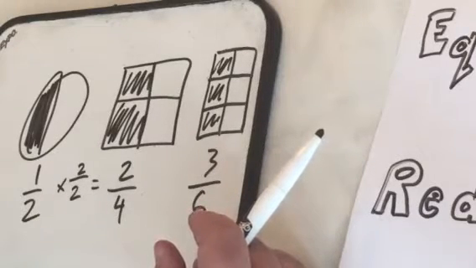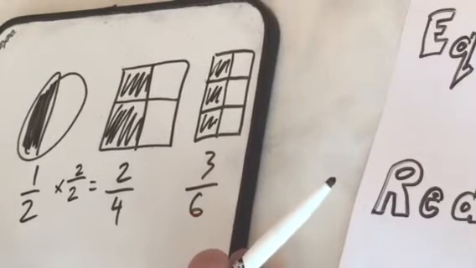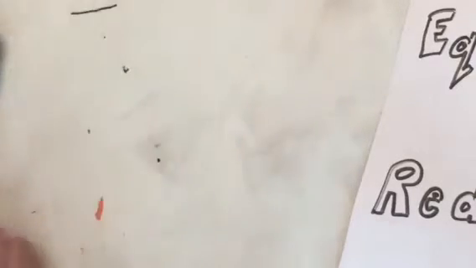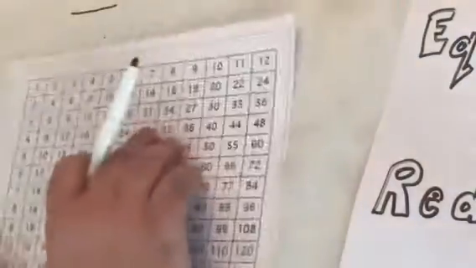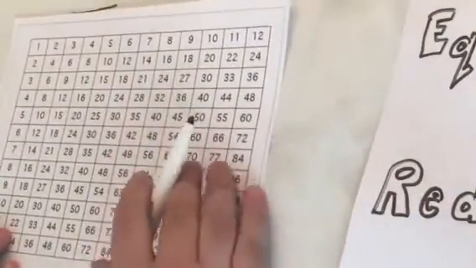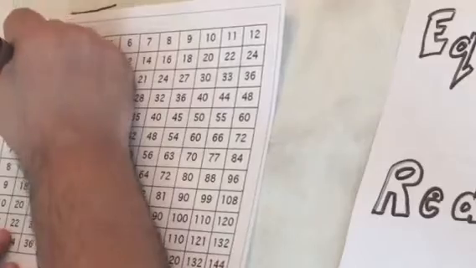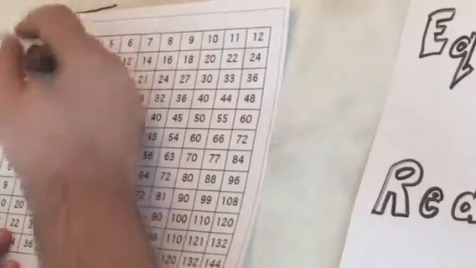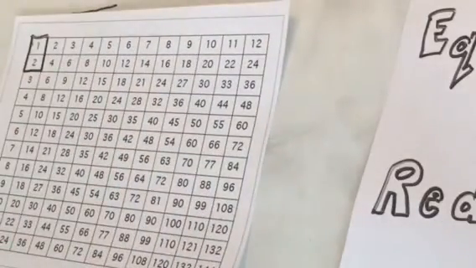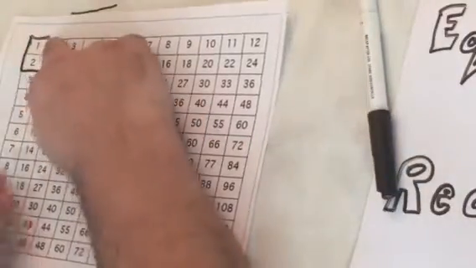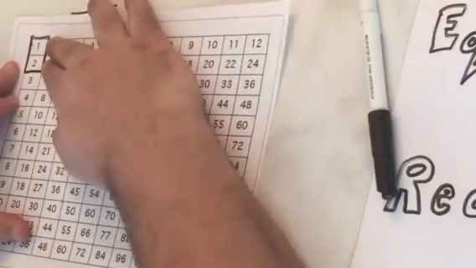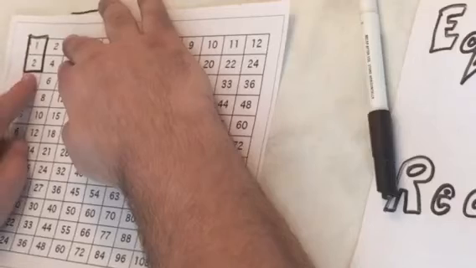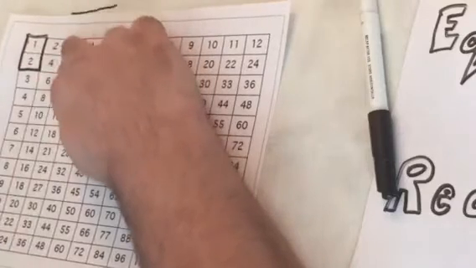Now, here's a quick way to do this on the grid. When you're looking at equivalent fractions, look at this. If we look at the grid and we say, okay, let's say here's our fraction, 1/2. All we have to do is go ahead and move our fingers over. 1/2 is the same as 2/4.